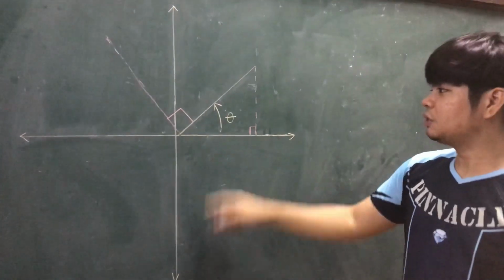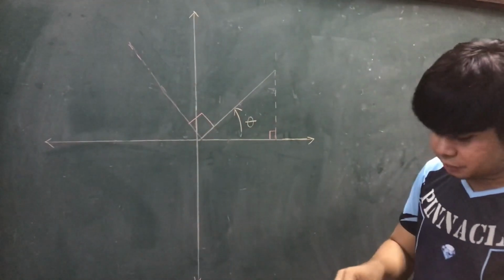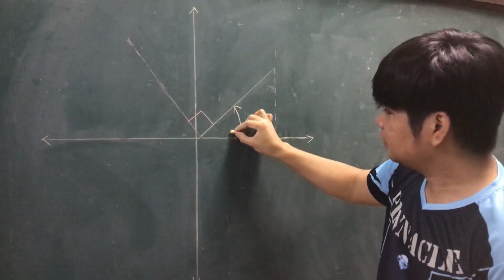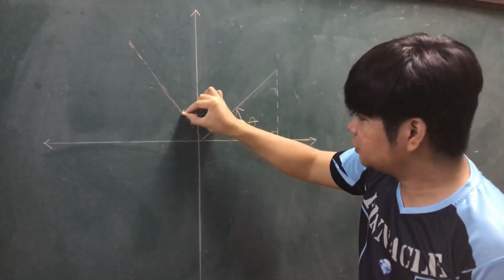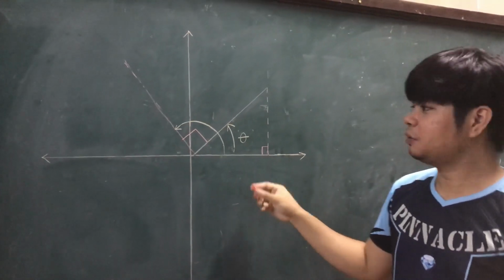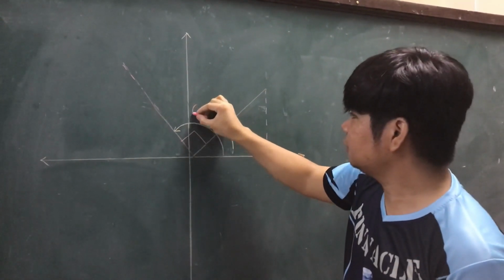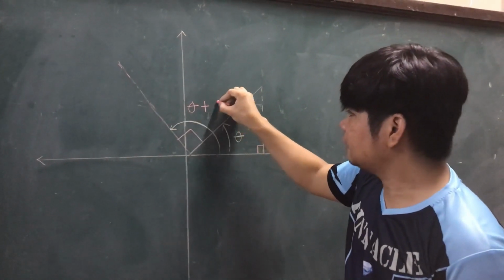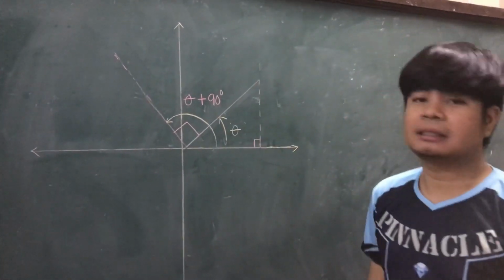So theta plus 90 degrees will now illustrate the generated angle in counterclockwise. The angle is in standard position. The measure of the angle is theta plus 90 degrees.